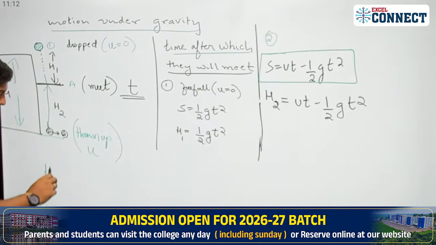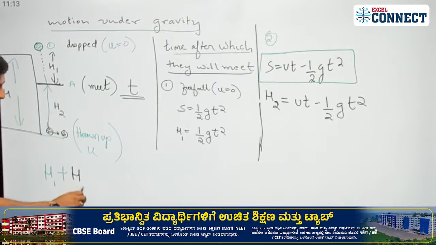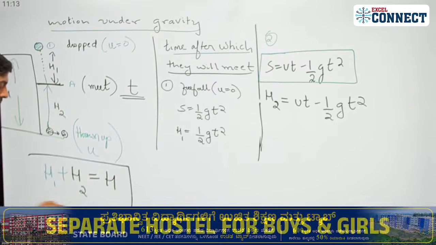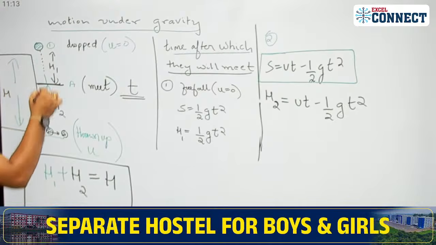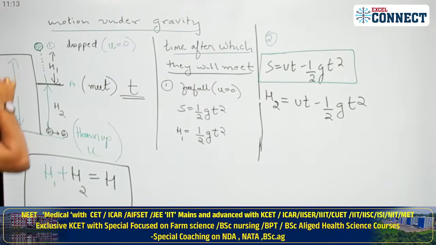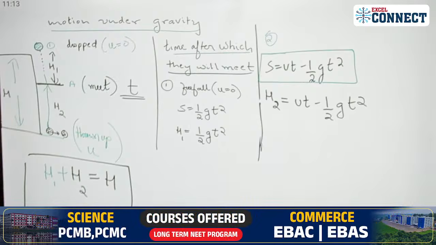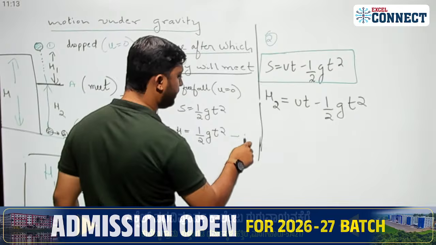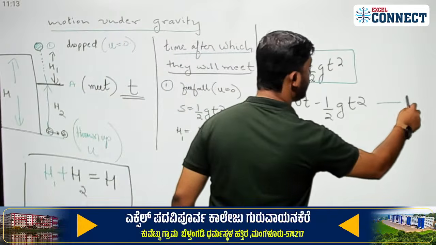If you add h1 plus h2, the total value is nothing but h. So let us add these two equations. This is equation 1 and this is equation 2.